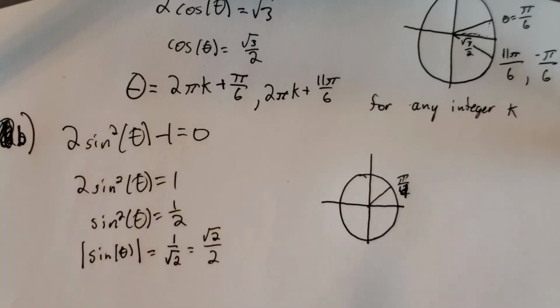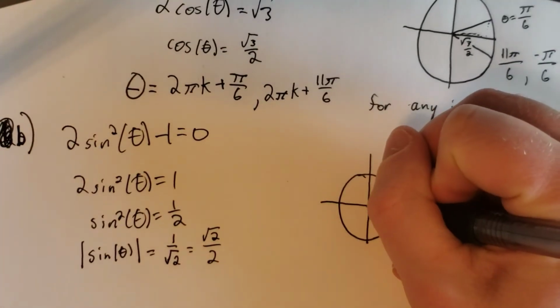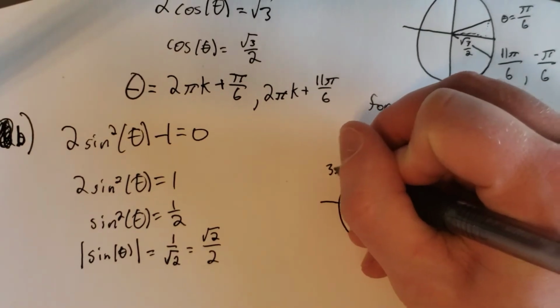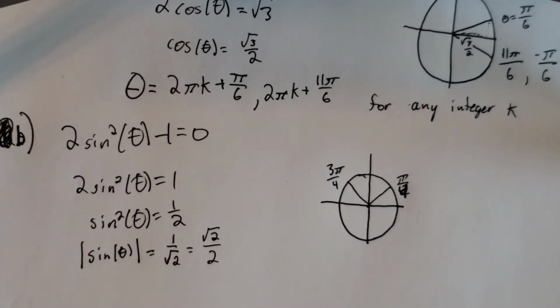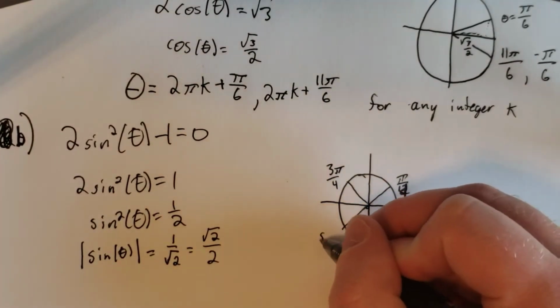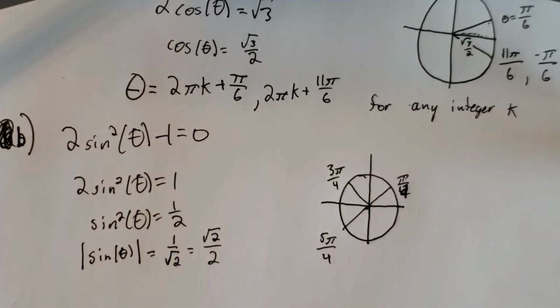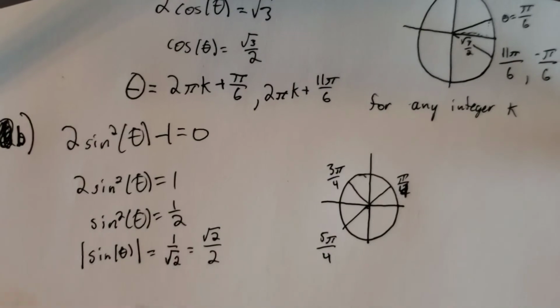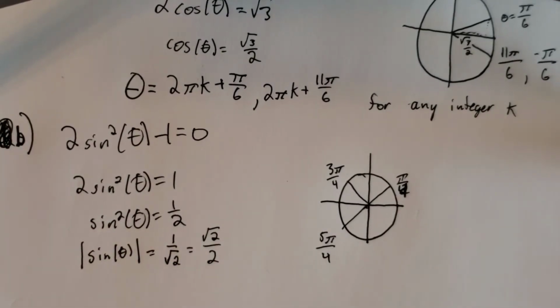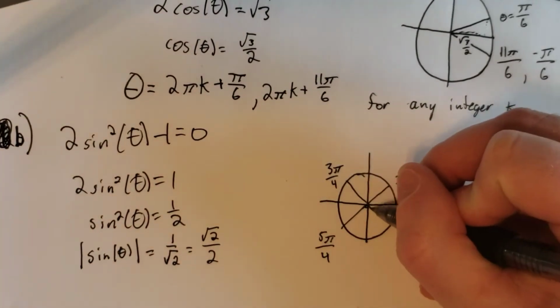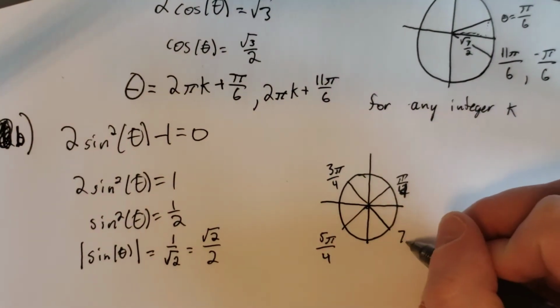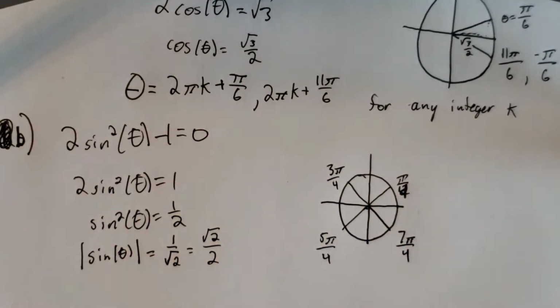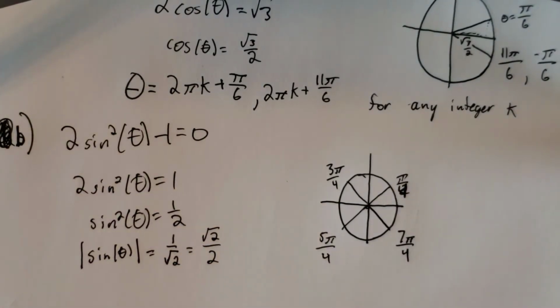So that'll be one solution. If we plug in 3 pi over 4, we also get root 2 over 2. If we plug in 5 pi over 4, we get negative root 2 over 2. But again, we want the absolute value of that to be root 2 over 2. So in fact, that is a solution as well. And 7 pi over 4 will be another solution. And these are all between 0 and 2 pi.